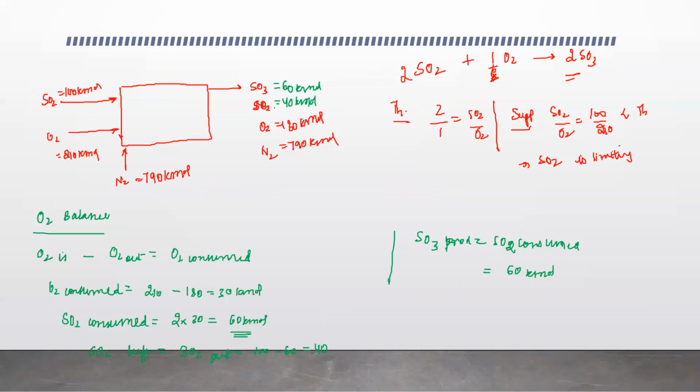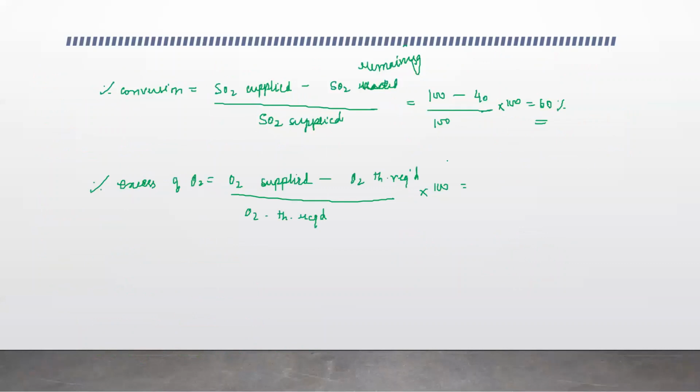So oxygen supplied is 210, and oxygen theoretically required is 50. So this is going to be 320%. That's your percentage excess of oxygen. Remember, percentage excess might be greater than 100. That is not a problem.